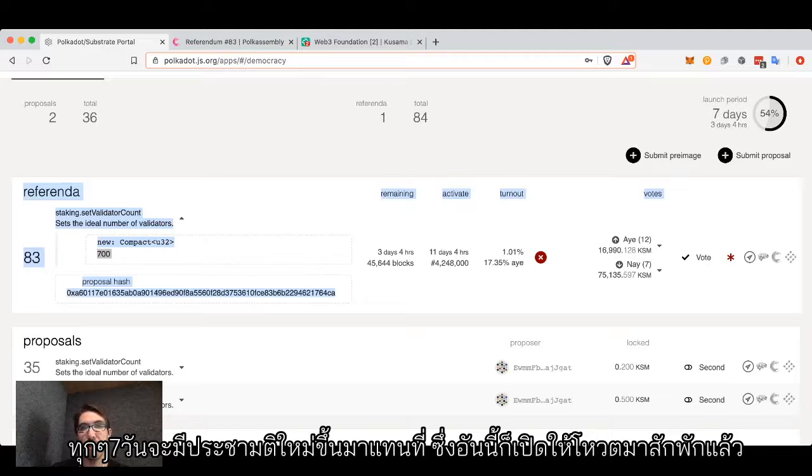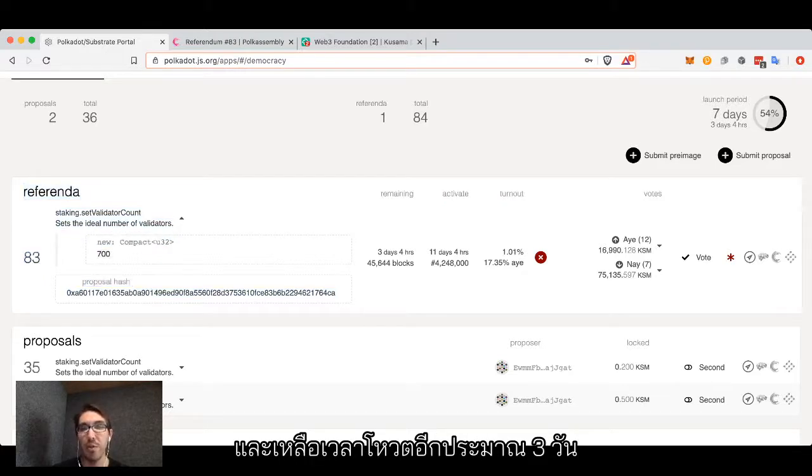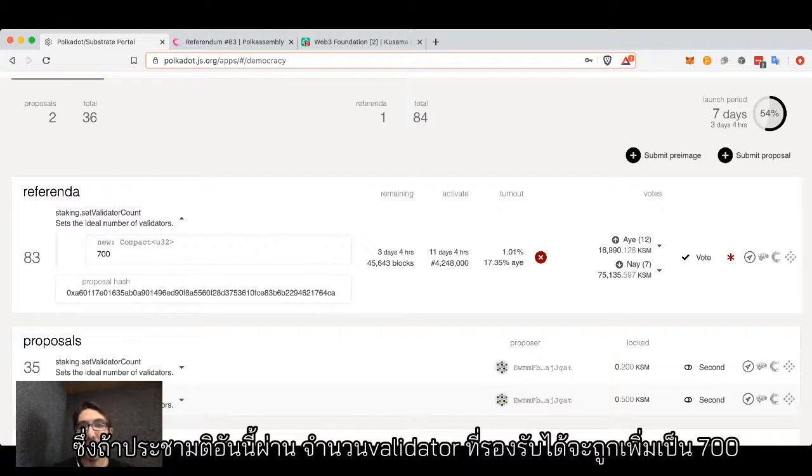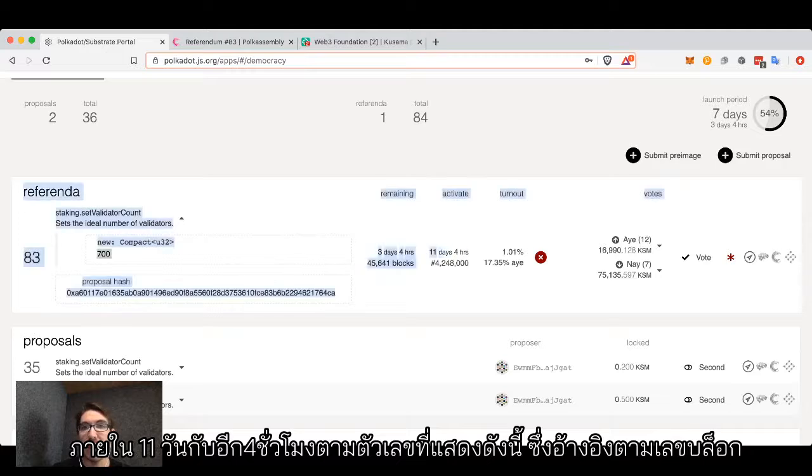So this has been up for a while, and we've got a little over 3 days to vote on it. And if it's passed, then it will come into effect. That is, the number of validators will increase to 700. The ideal number of validators would increase to 700 after 11 days and 4 hours. So this shows you the exact block that will take effect.